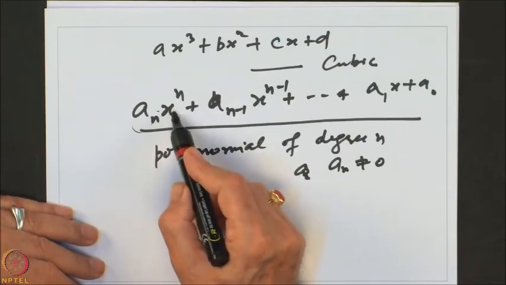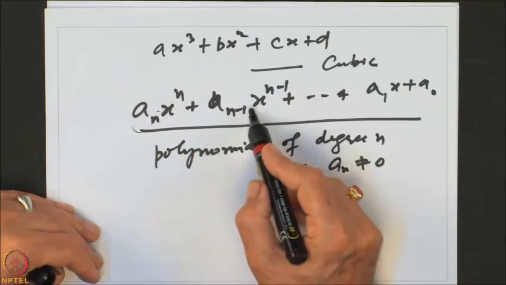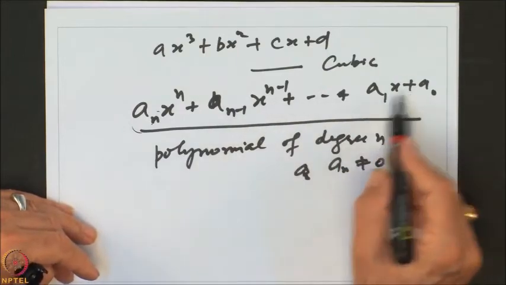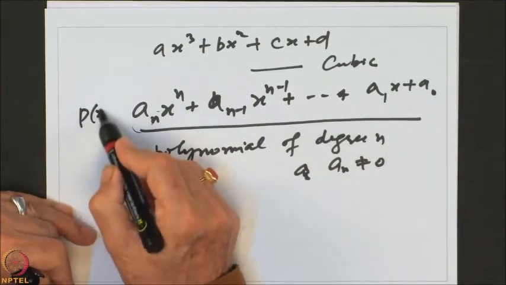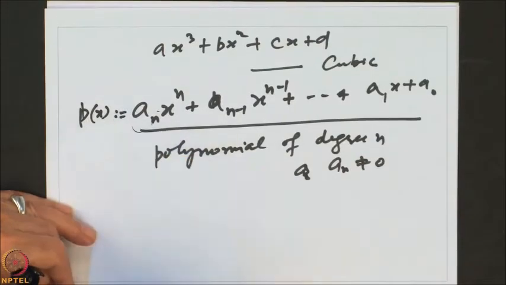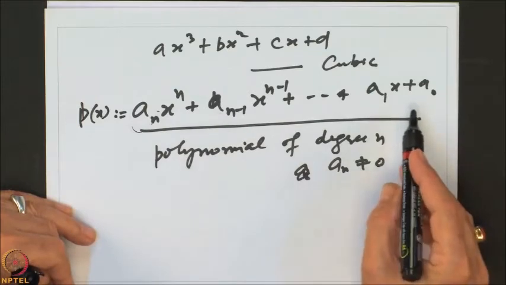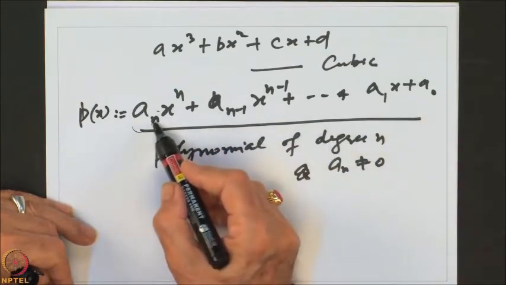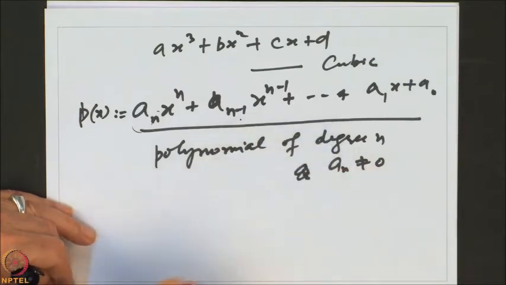So, a_n is called the coefficient of x^n, a_(n-1) is called the coefficient of x^(n-1) and so on. So, these are the coefficients. This is what is called a polynomial p(x). a_n should not be equal to 0, because if it is 0, then it starts only with power n-1.